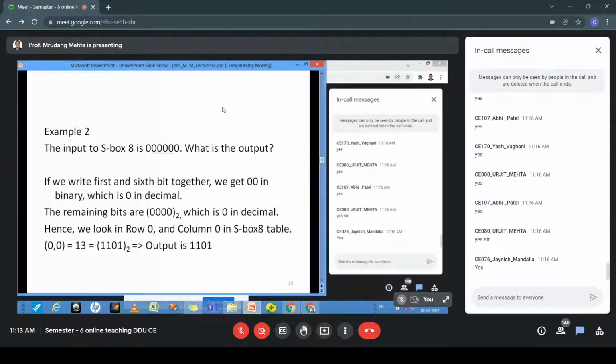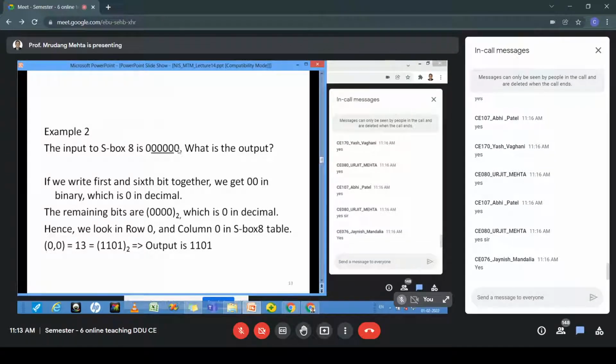Now do this second example. The input to S box 8 is 000000, 6 bits. What is the output? How do we solve this?